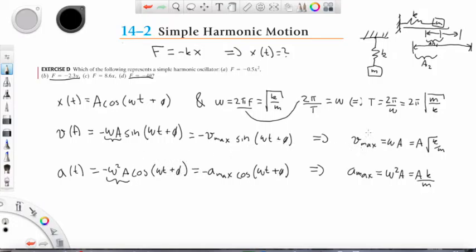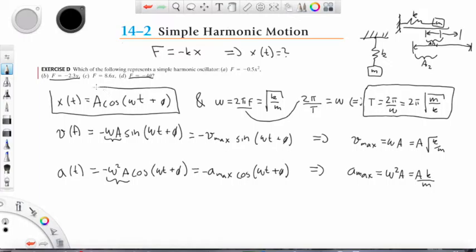The most important stuff to take home from this is definitely the period of the motion. It is only defined by the physical parameters of the system, the mass m and the spring constant of the spring, or the stiffness of the spring k. Also important to remember the basic form of displacement in simple harmonic motion.